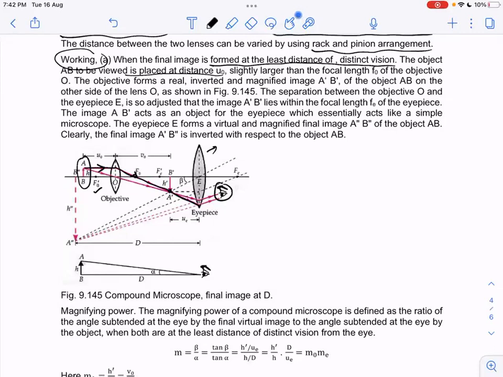The final image is formed beyond the focus of the eyepiece, between the focus and the optical center of the eyepiece, in such a way that this image has already been magnified once. The magnified image due to the first lens acts as the object for the second lens, as a result of which it is magnified again and the final image is formed at this point.